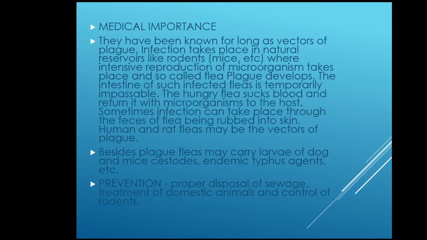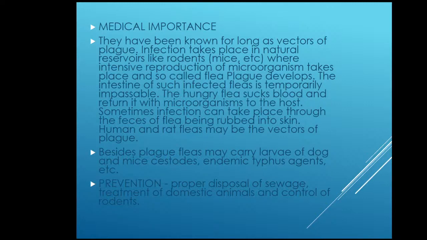The most important medical importance of fleas is that they are vectors for the bacteria of plague. The plague is a bacterial disorder, and the causative agent is Yersinia pestis. The bacteria of plague have natural reservoir hosts. These are rodents, where the reproduction of these bacteria happens.